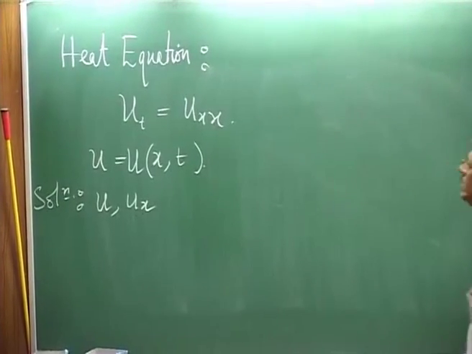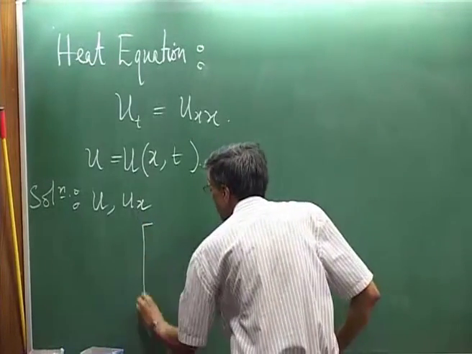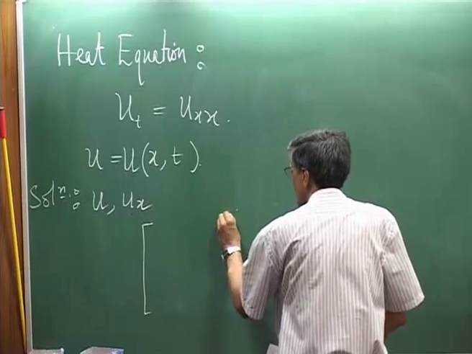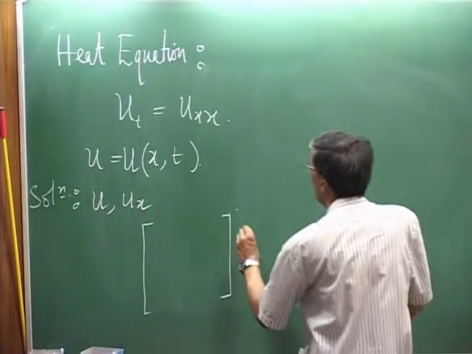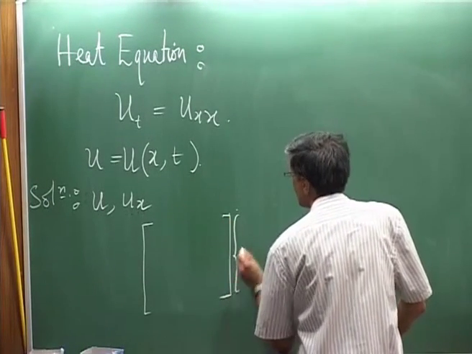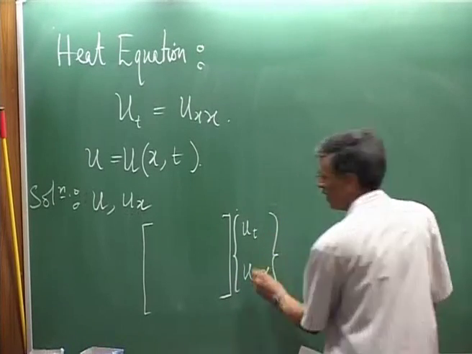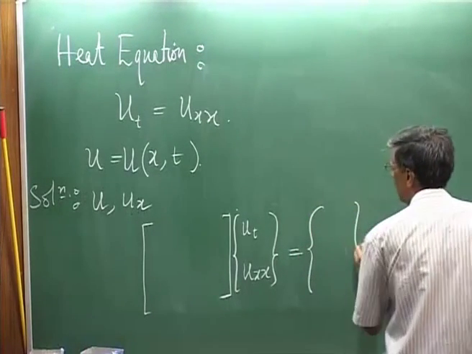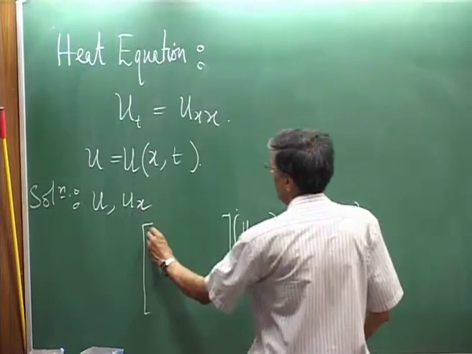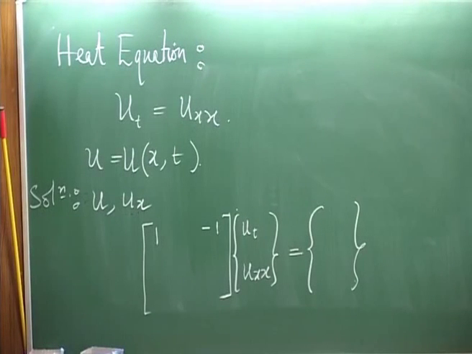If I were to write a similar equation, first we should write down the unknowns. Unknowns are u t and u x x, right. And if I look at the governing equation, of course, it is here 1 and there is minus 1, okay, and this is 0. What would be our auxiliary equation then?